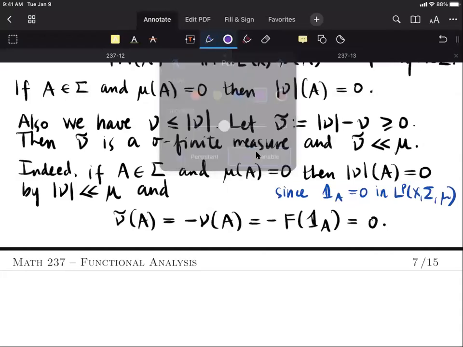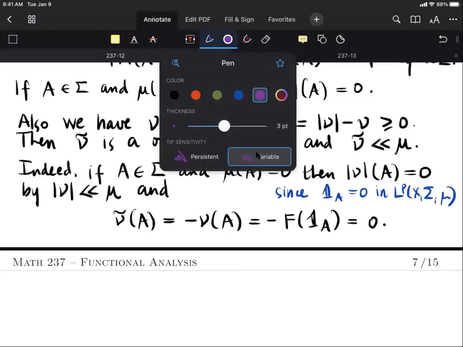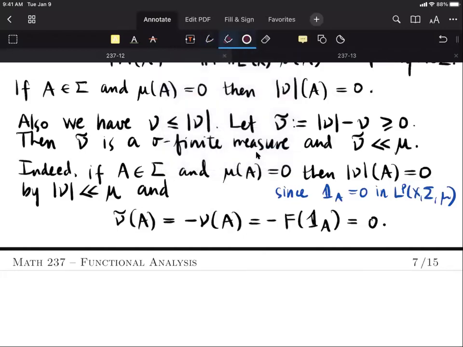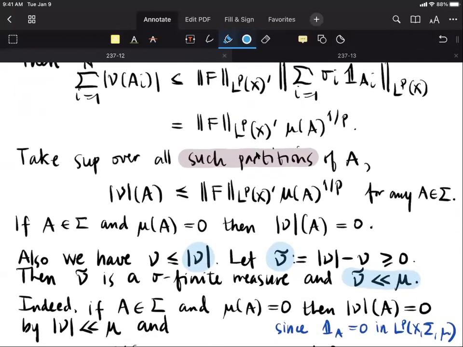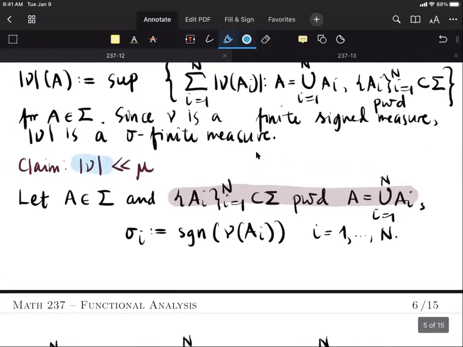So the next step is to apply the Radon-Nikodym theorem for these two sigma finite measures, mu tilde and the total variation measure. Take note that you have this, and according to the previous claim, we have this.